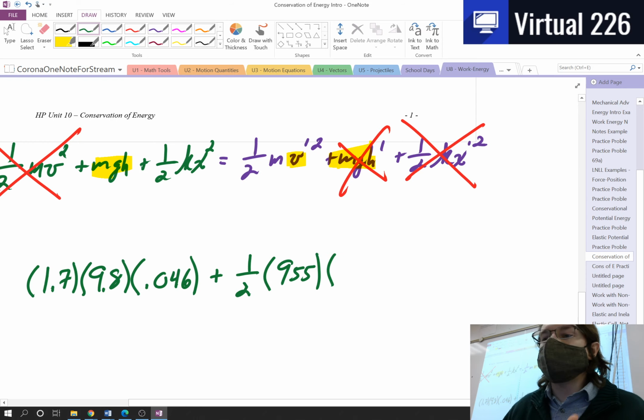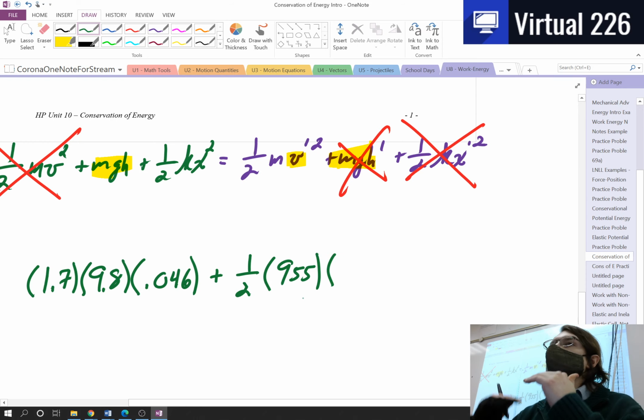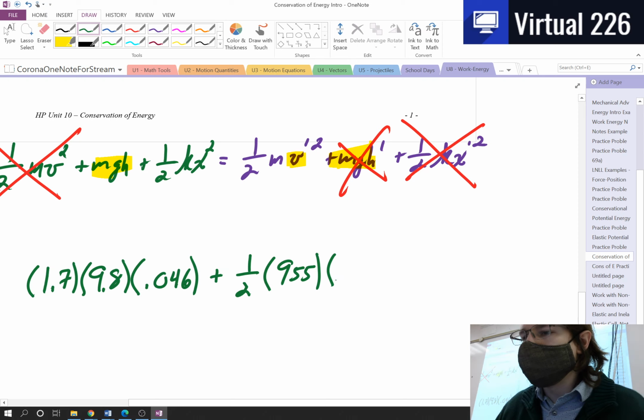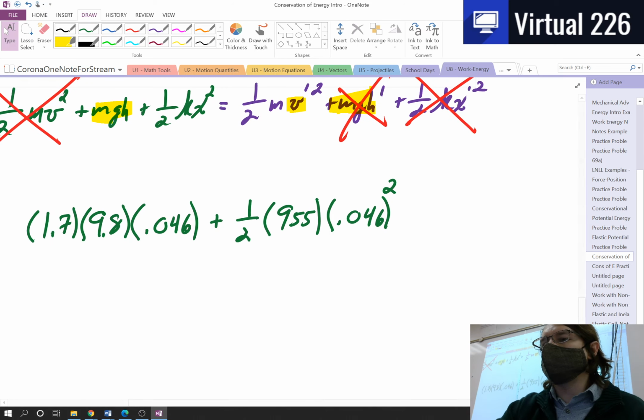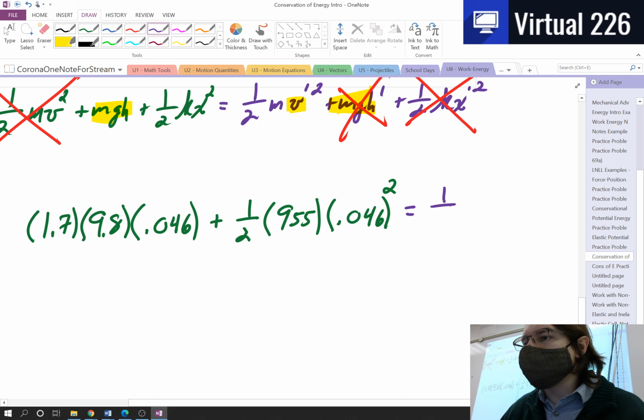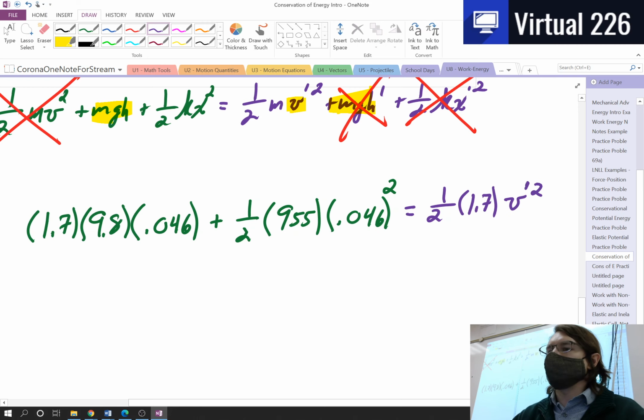And then this x value here is how much the spring has been compressed, which is the same as the height it's been raised. Don't forget your square on that. Everybody always forgets a square. It gives them weird numbers. And then this is just equal to 1/2 times the mass of 1.7 times the final velocity, or v prime, squared.